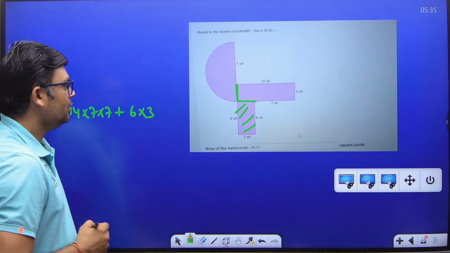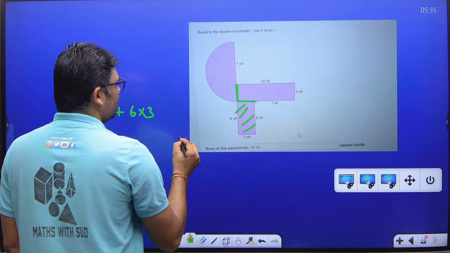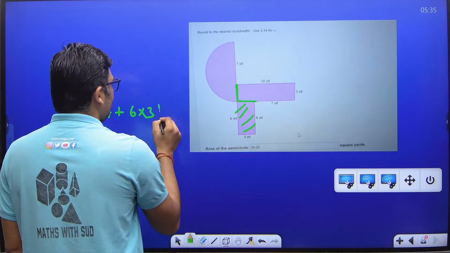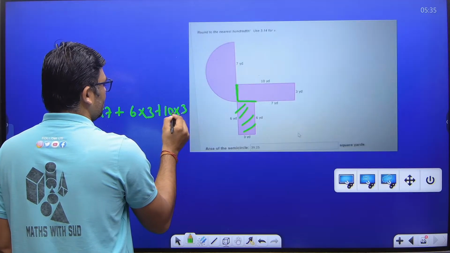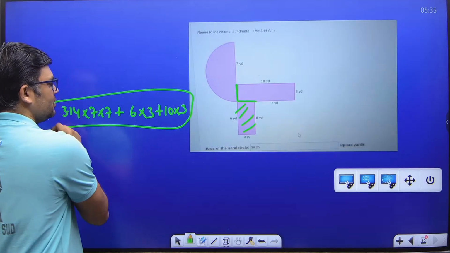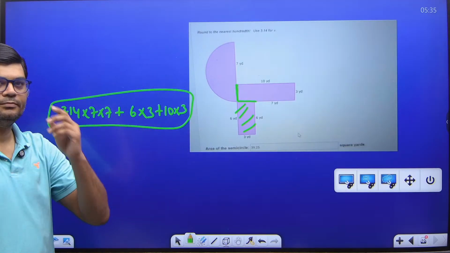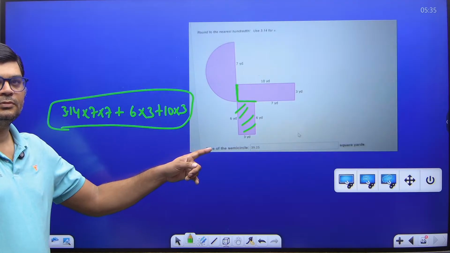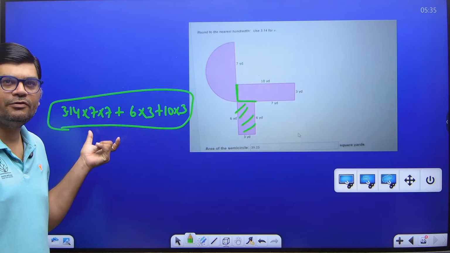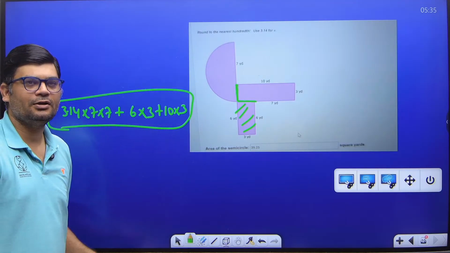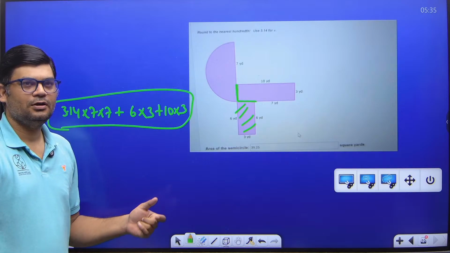Then this is also a rectangle, so which is 10 into 3 plus 10 into 3. So I hope you can solve this and find the area. Then you can solve individually and add the areas. That's the area. Any doubt how you do it?